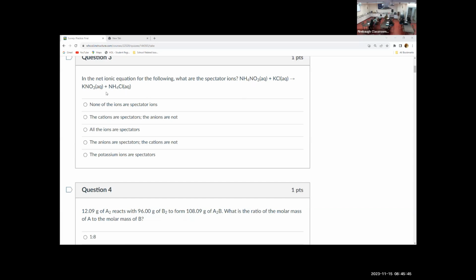And then if we go to our product side, everything is aqueous, right? So normally, if we have a reaction happening, we get the formation of a precipitate, a gas, or a solid. Do you guys see the formation of a precipitate, gas, or solid?